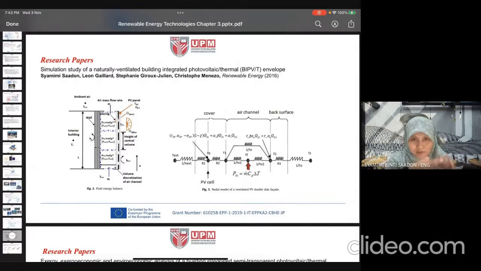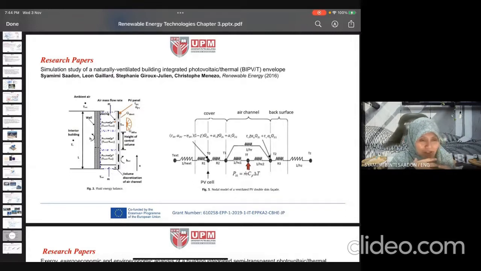Actually, there's a lot of other energy software available, but one of them is TRNSYS. It's just that TRNSYS is not free, it is paid, and quite expensive actually. But the functions in the software are quite useful.